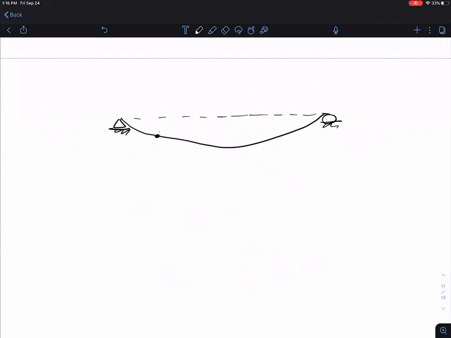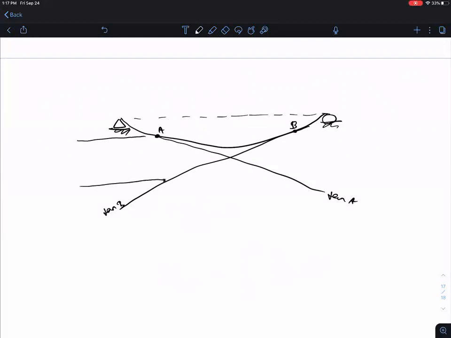We have our 2 points A and B. And we have our tangent from A. We have our tangent from B. We're interested in the relative vertical deviation between those two tangents. And that we call TAB.